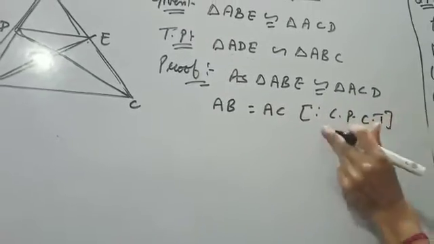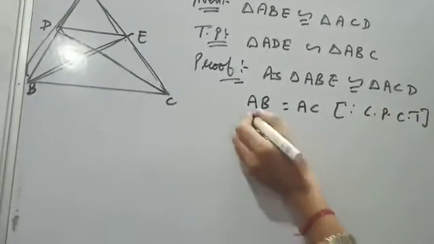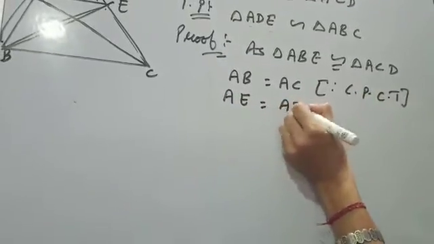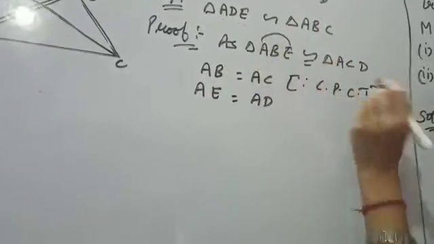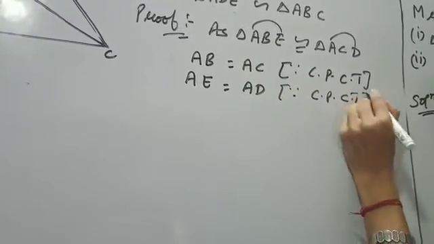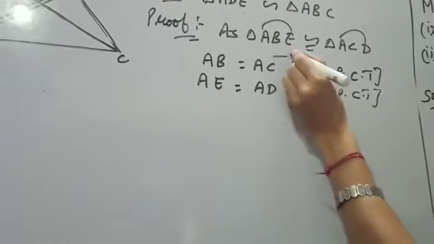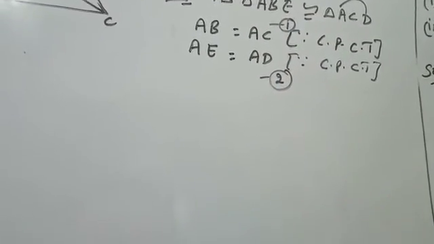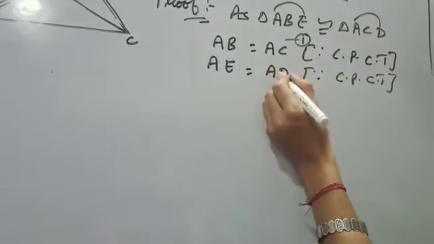Similarly, AE is equal to AD, again by CPCT. This is the first equation and this is the second equation.